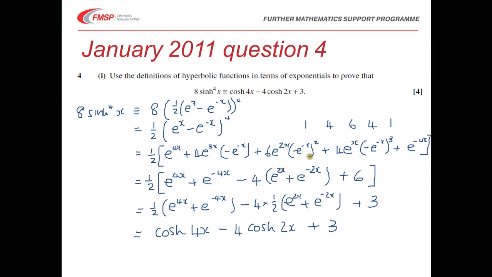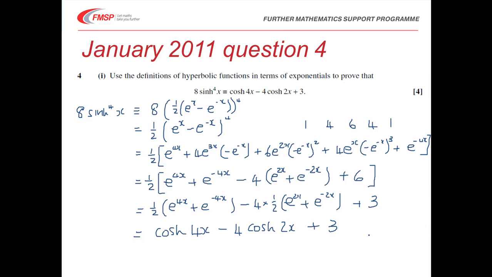You then got a method mark when you came down, when you got as far as here, bringing these terms together, and then an accuracy mark at this stage where you've multiplied everything through by a half, and then another mark for writing it in terms of cosh 4x and cosh 2x.